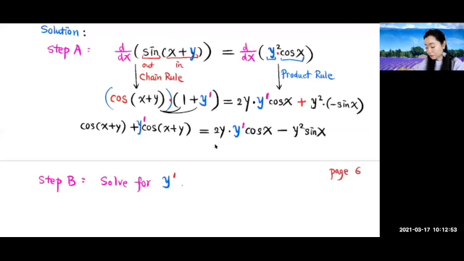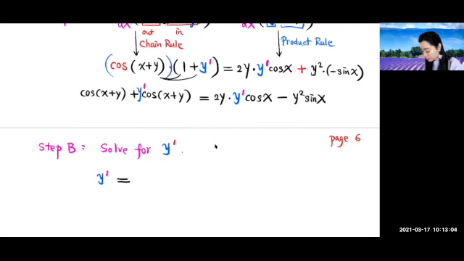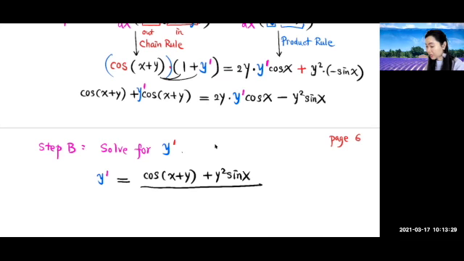Now when you solve for y prime, we will have this term and this term together. So move this one over, so minus becomes plus. So this will become cosine x plus y squared sine x, and then divide by, for these two, you bring them together and take out the common factor y prime.